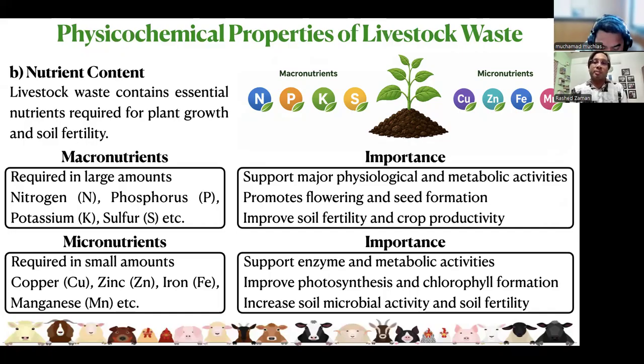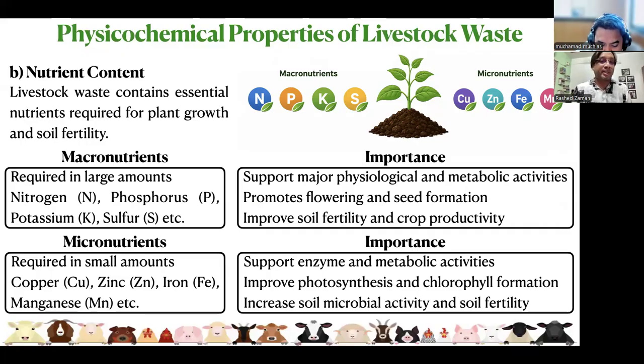And the importance of macronutrients is they support major physiological and metabolic activities for the growth and development of the plants. They also promote flowering and seed formation. For example, phosphorus helps in the reproductive growth of the plants, okay? And it also improves the soil fertility and crop productivity by adding these essential nutrients back to the soil and supporting healthy plant development and growth.